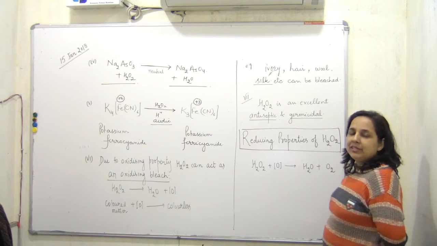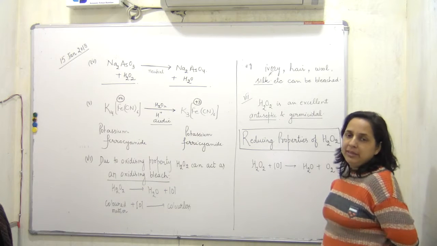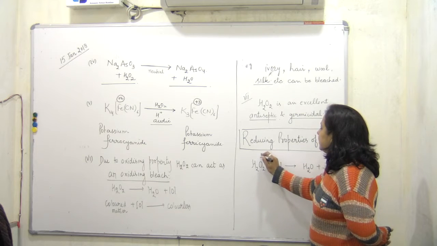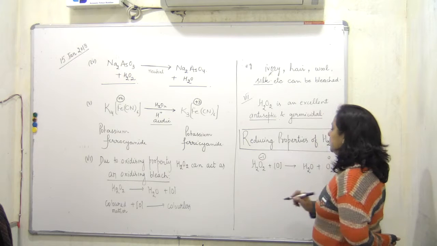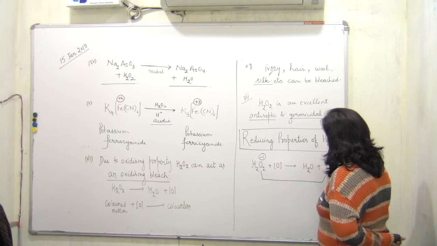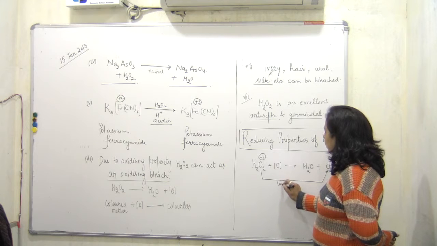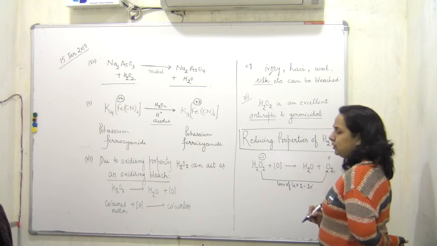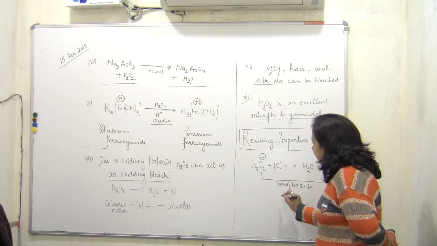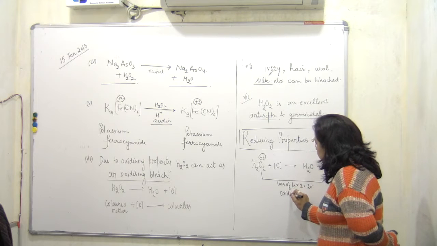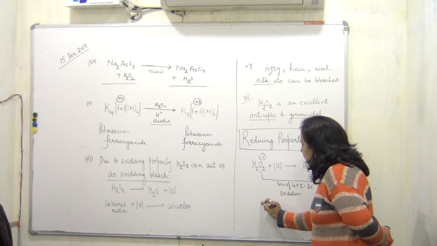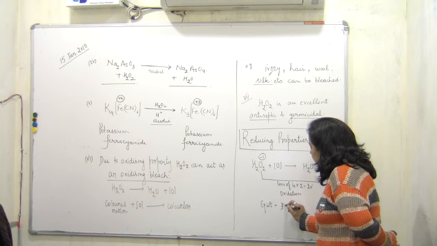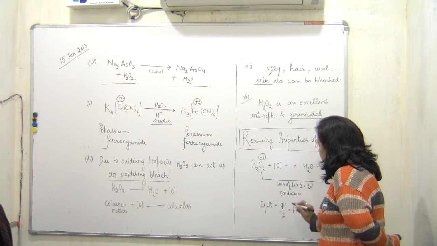It means as it can give nascent oxygen, it is oxidizing, it can take one nascent oxygen, it can become reducing. Here oxygen -1 is converted to oxygen 0. -1 to 0, it means loss of 1 electron into 2, loss of 2 electrons. Self-oxidation, therefore reducing agent. Equivalent weight, it will be 34 by 2, coming to be 17.